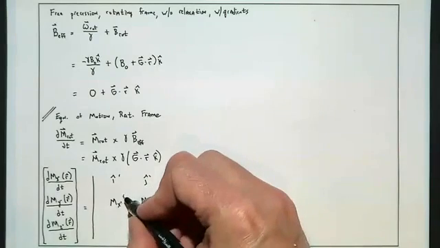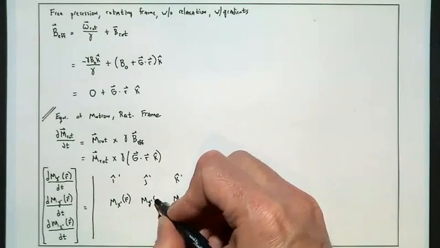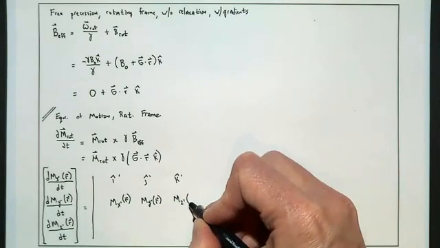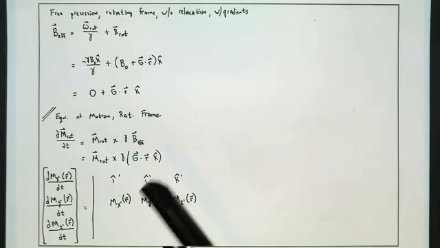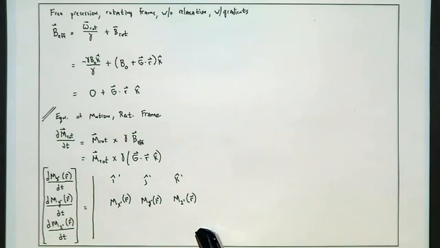Again, I could write these to include the spatial position, just to be explicit that we're expecting some spatial dependence because of the applied gradients. The last thing I need to fill in on the bottom here is what's my B effective in the rotating frame.